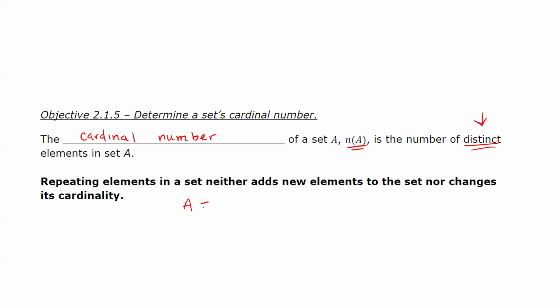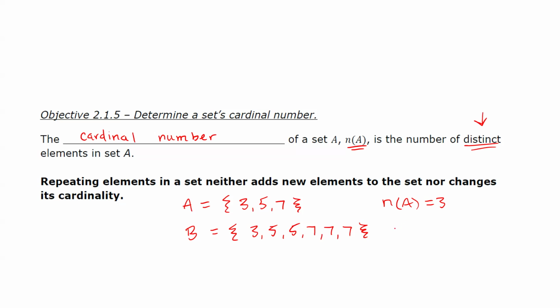So if I have a set A and A has the elements 3, 5, and 7, and I have a set B and B has the elements 3, 5, 5, 7, 7, 7, we would say that the cardinal number for set A would be 3 because set A has 3 distinct elements, 3 different number values.